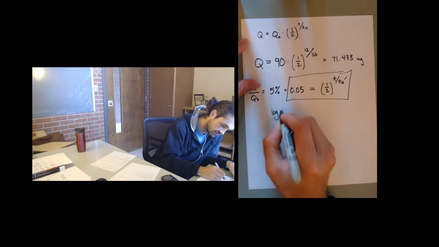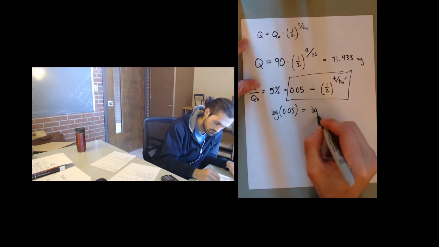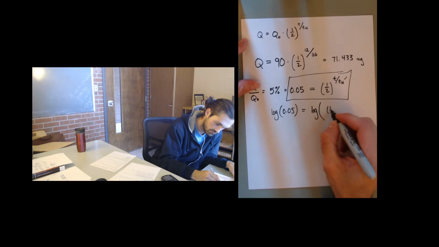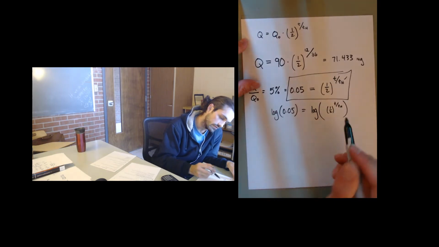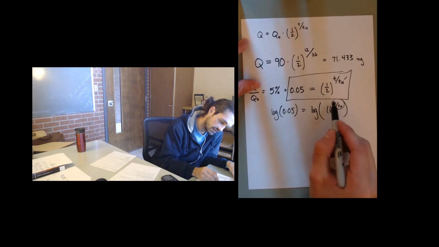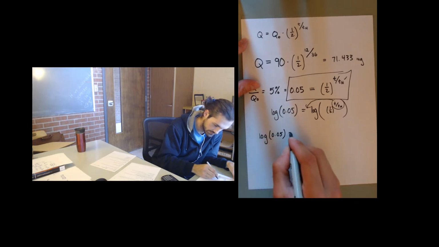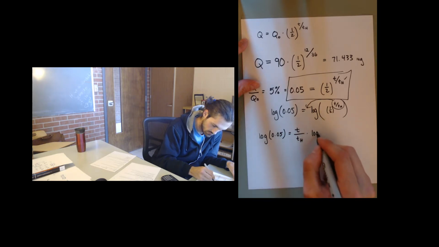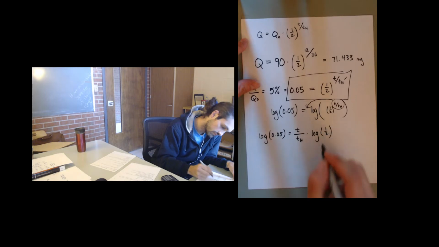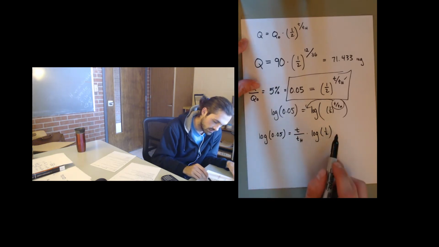We'll take a log of both sides. Then I can take this exponent and bring it out front as a multiplicative factor, and then divide by log of a half.